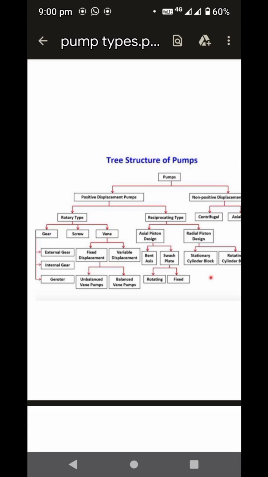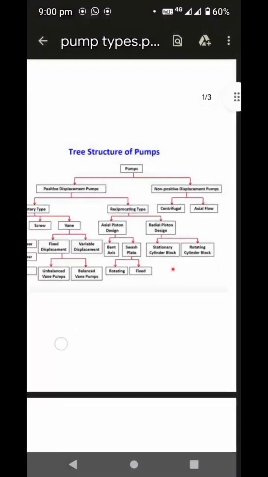Positive displacement pump means whatever quantity of oil is sucked in at the inlet side, the same quantity comes out at the outlet side. That is a positive displacement pump. On the other hand, whatever fluid you suck in at the inlet side, a similar quantity will not come out at the outlet side. That is a non-positive displacement pump. You can take the centrifugal pump as an example.